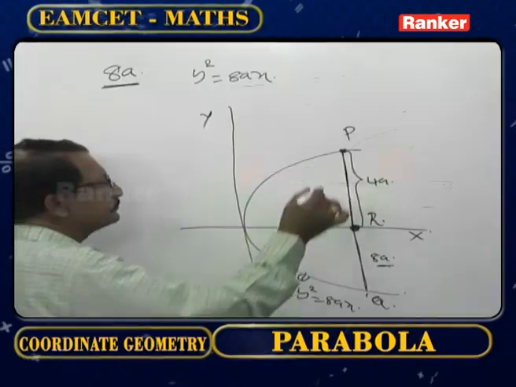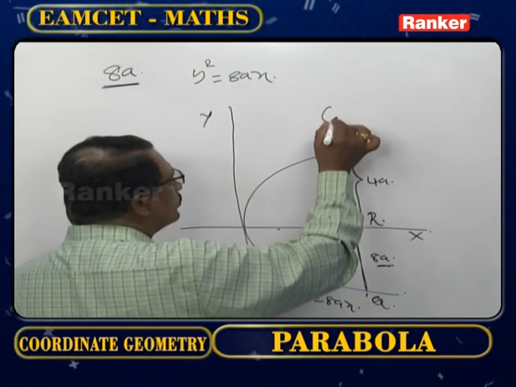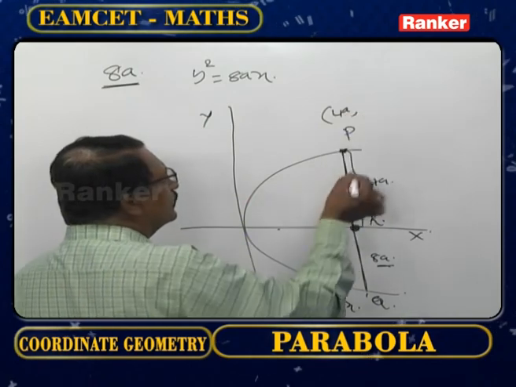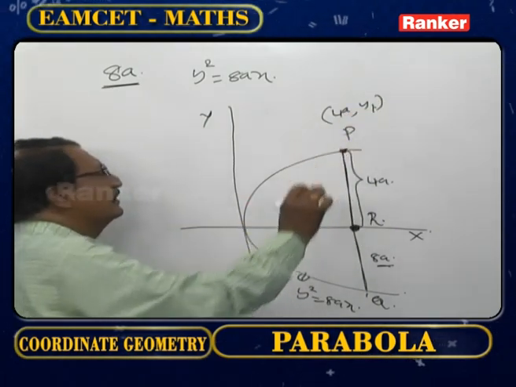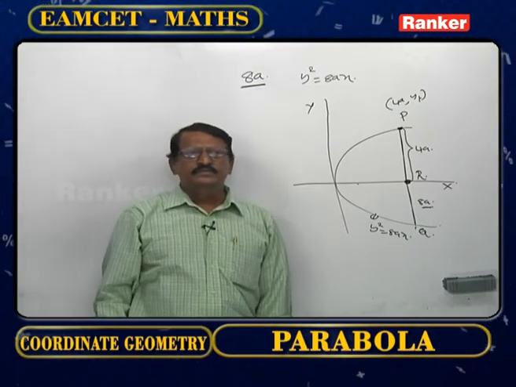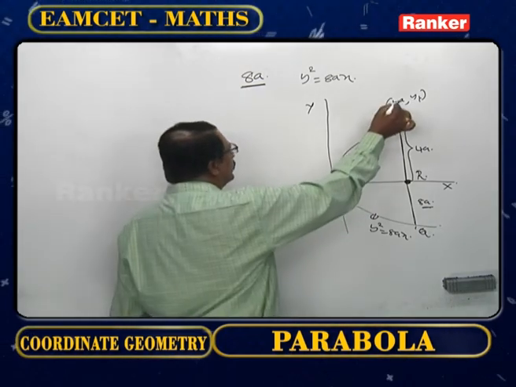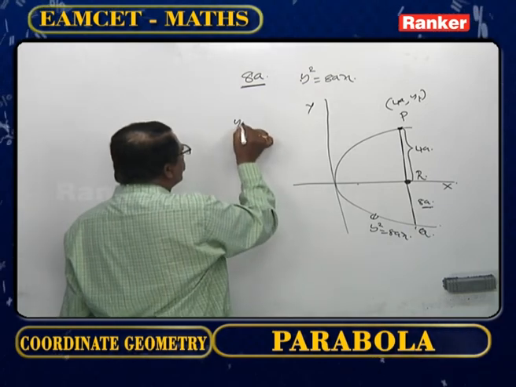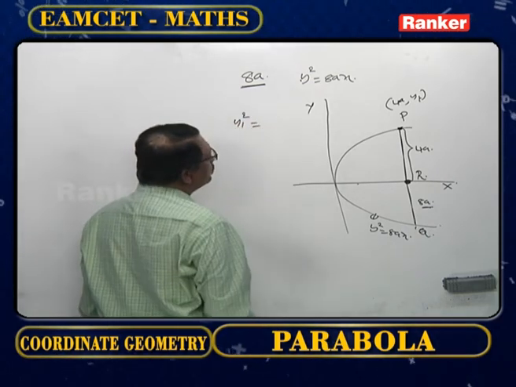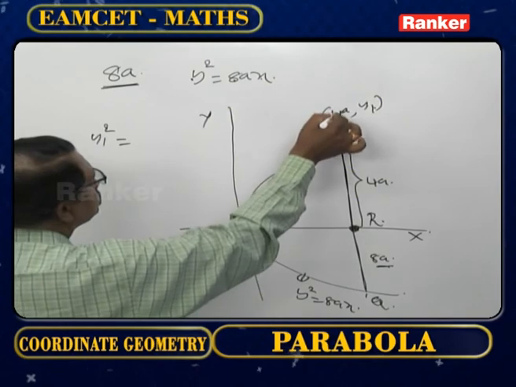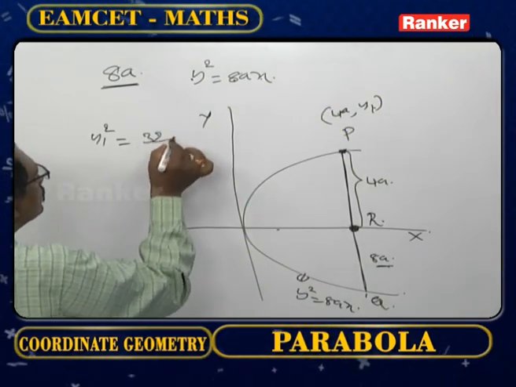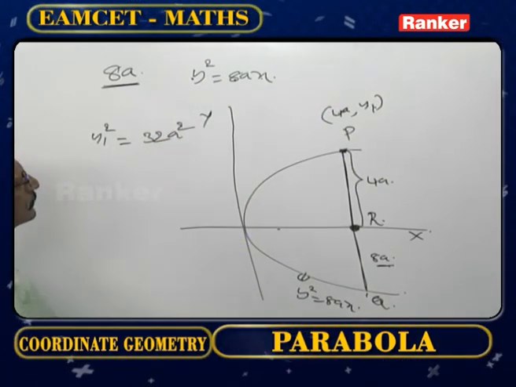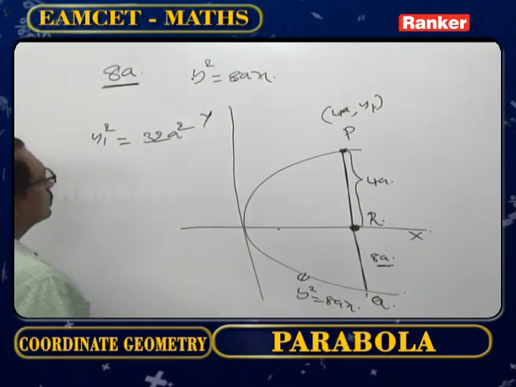Now the x coordinate of the point P is 4a. Consider the y coordinate as y1. Substituting in the equation, y1 square equals 32a square.